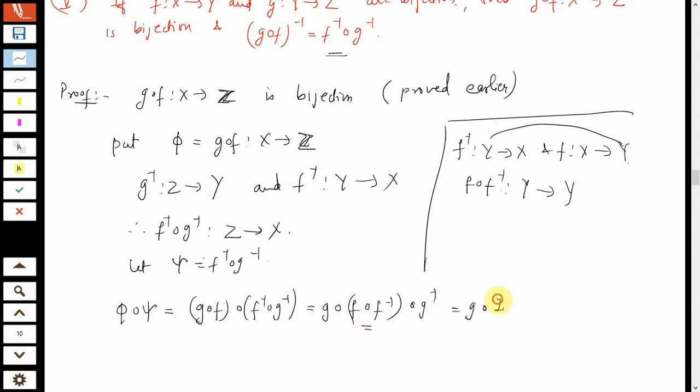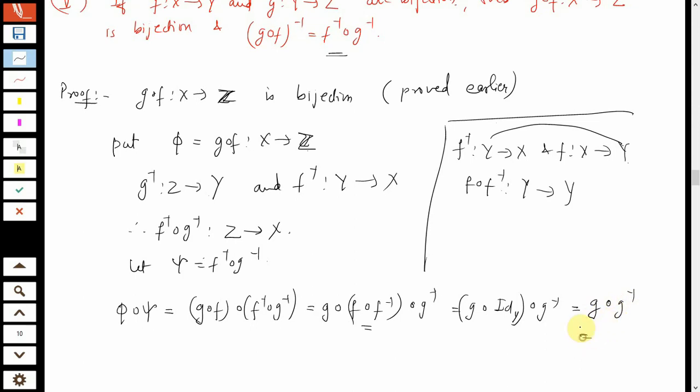I will evaluate this first, again using the associativity property. Now composition with the identity map is always the map itself, so G composite identity will always give us G, and so this is G composite G inverse. Now here again I'll rewrite what G inverse is.